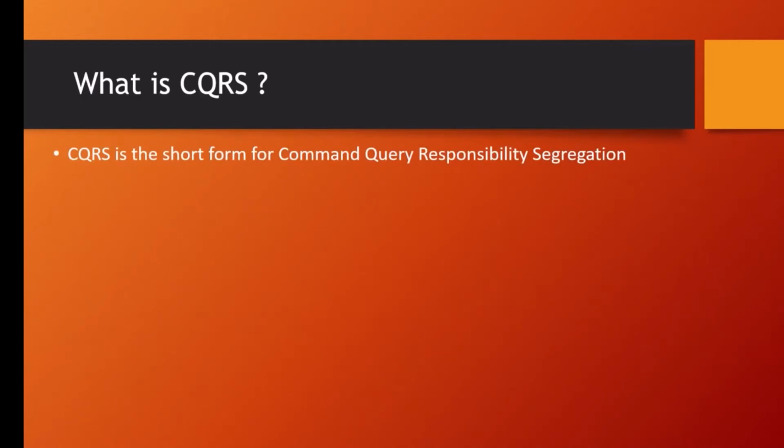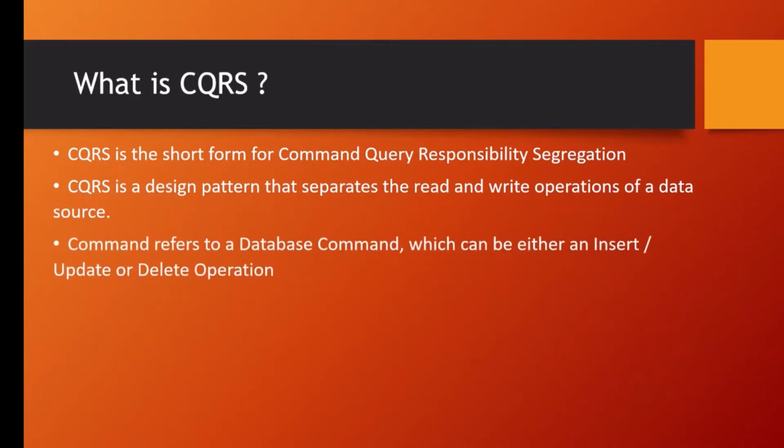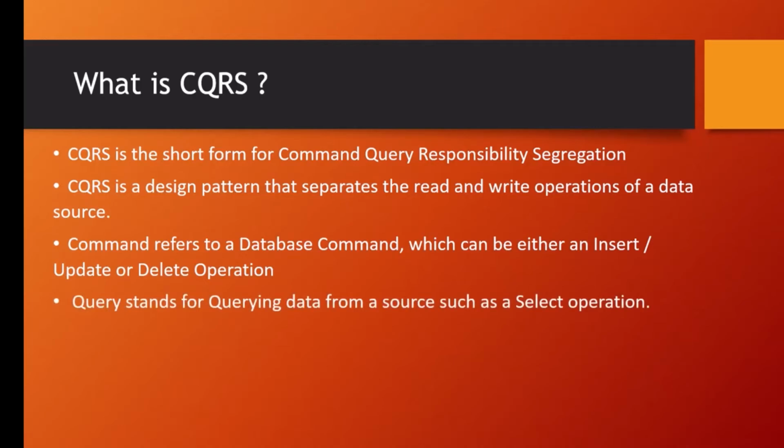So what is CQRS? CQRS is the short form of command query responsibility segregation, and it's a design pattern that separates the read and write operations of a data source. The command refers to a database command, which can be an insert, update, or delete operation, or it could be a query, which stands for querying data from a source, such as a simple select operation.